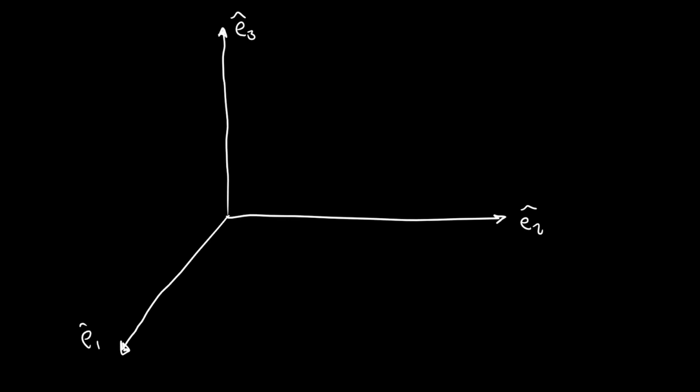Say I have some particle up here, and it's moving in the direction, we'll say, kind of minus E1 and plus E2 direction. So this is going to be my momentum vector. And then I can draw my position vector, which is going to be here.